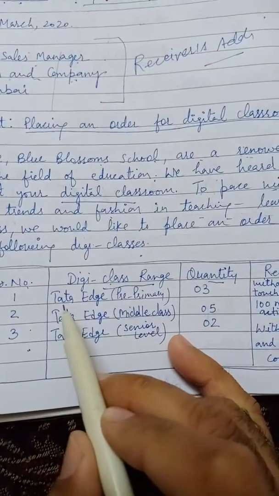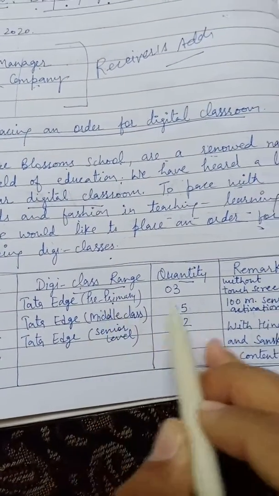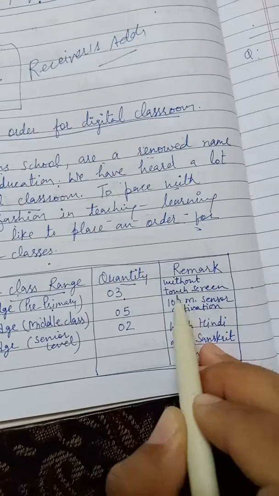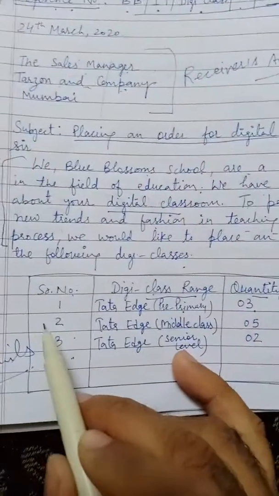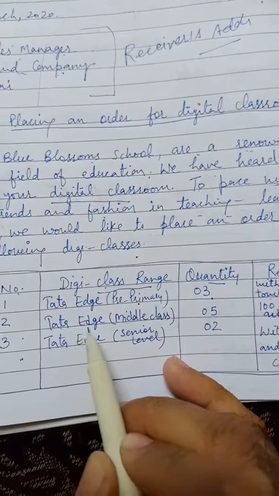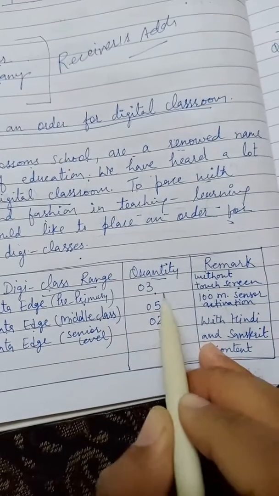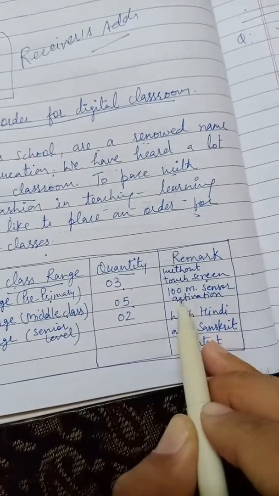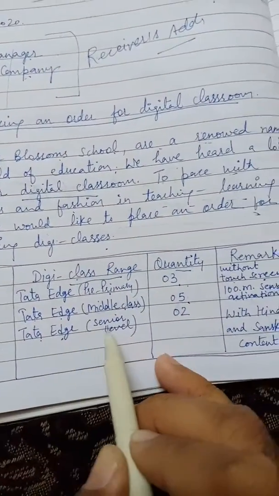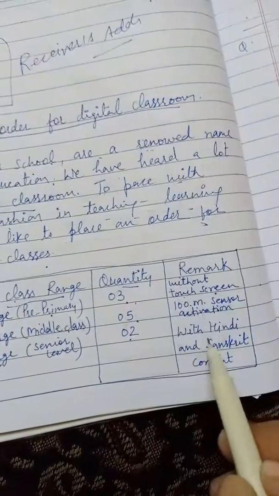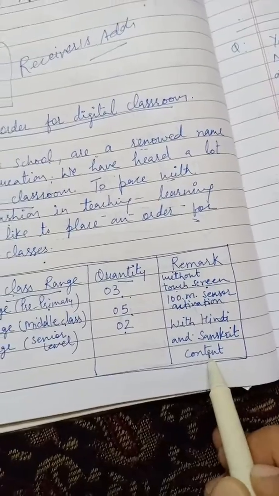First, Tata Edge pre-primary level, 3 quantities, without touch screen. Second, Tata Edge middle class, total number of classes 5, 100-meter sensor activation. Third, Tata Edge senior level 2, in which Hindi and Sanskrit content must be available.